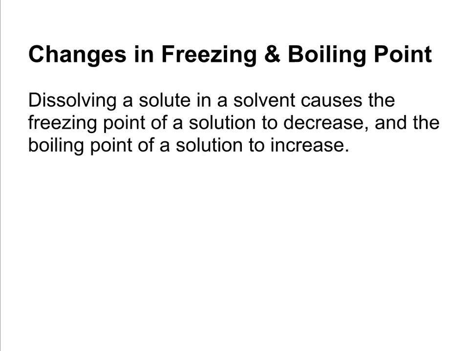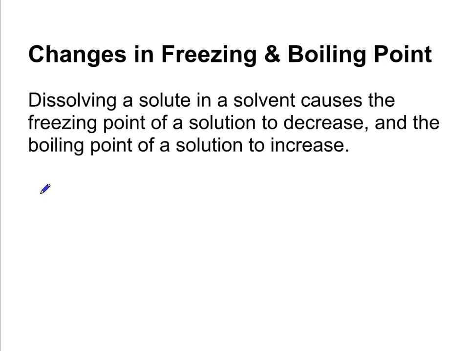Freezing point and boiling points of solutions are altered when solutes are added to them. Freezing point is going to be lowered. Something will freeze at a lower temperature, and boiling point is going to be raised. A higher temperature is required to make something boil. And we've got two very similar equations to calculate these.